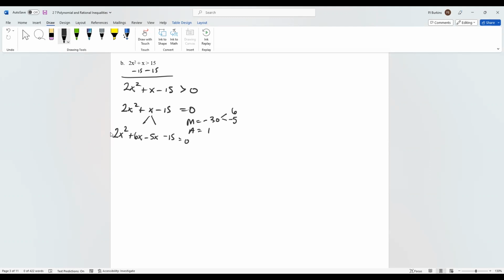Now I need to group. So I have 2x squared plus 6x. And I always suggest if there's a minus to do plus and stuff the minus inside. Now, what do these first two have in common? Well, they both have a factor of 2 and they both have a factor of x.